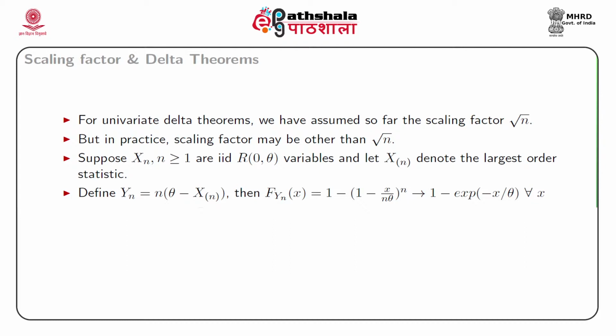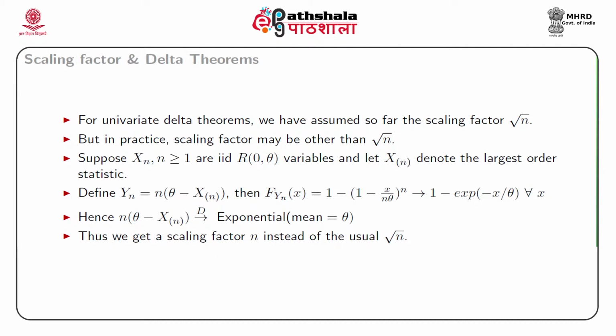Since 1 minus e to the power minus x by theta is the distribution function of an exponential random variable with mean theta, we find that the large sample distribution of n times theta minus x ordered n is exponential with mean theta.